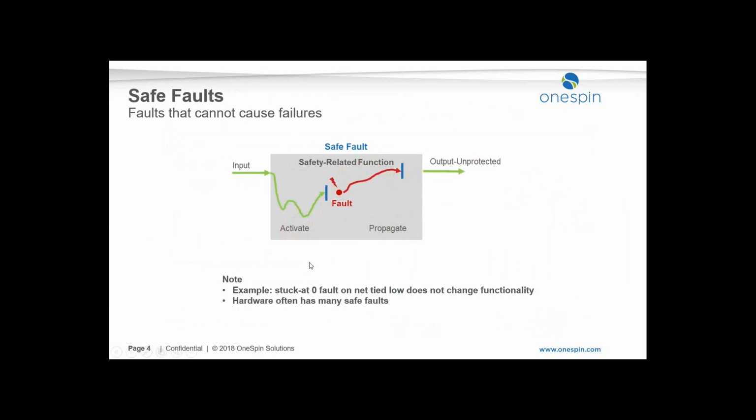A very trivial example is a stuck-at-zero fault on a net that is already tied low. This will not change the functionality, so it will not cause any problem. And the interesting thing here is that, on one side, safe faults are important. We want to identify safe faults to improve our metrics. And also, it's interesting to note that actually there can be a lot of safe faults in our hardware. This is a simple example, but there are many more complex situations.